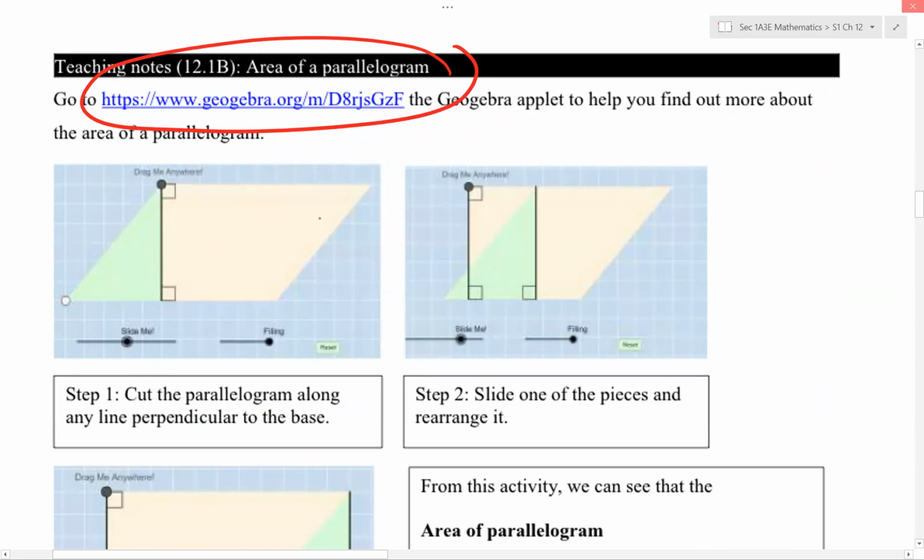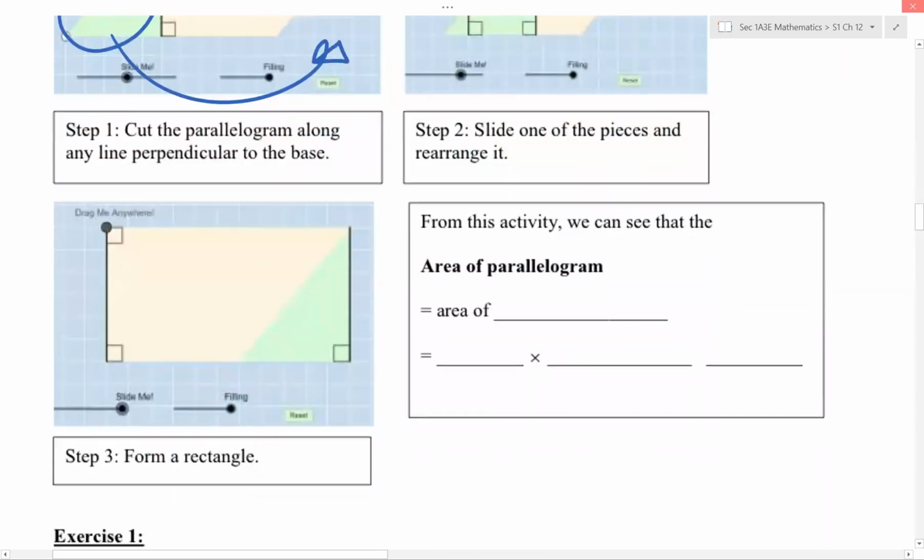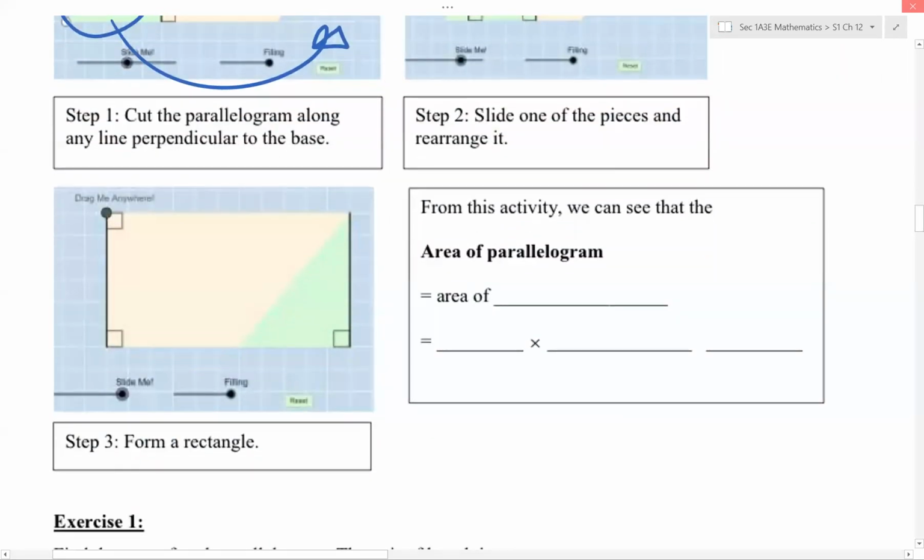So what I want you to do is to draw a perpendicular line down to the horizontal line. And we're going to shift this triangle over here. As you shift it to the right hand side, you end up with a rectangle. So the area of a parallelogram is actually the same as a corresponding rectangle.